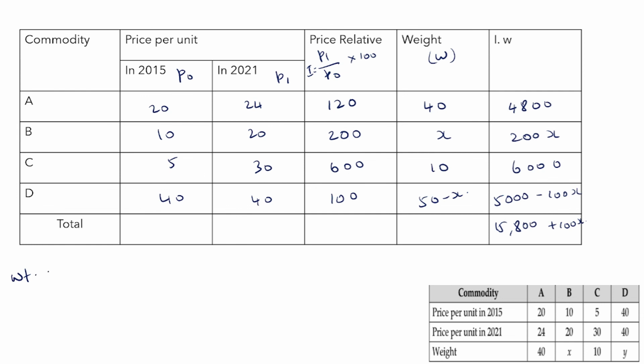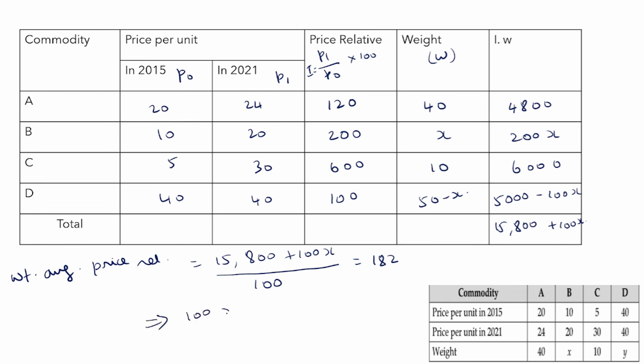Now this is given in the question, weighted average price relative. This is equal to 15,800 plus 100x divided by the total weight, which is 100. This is given as 182.